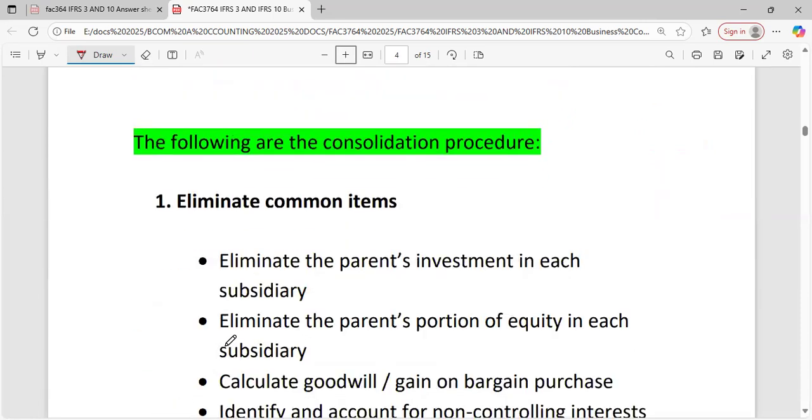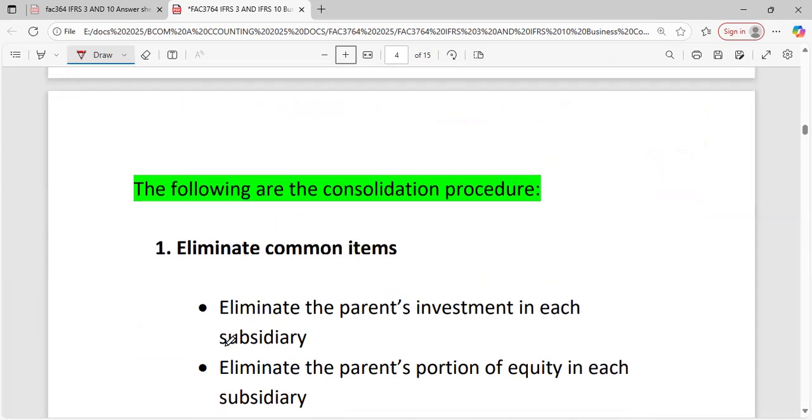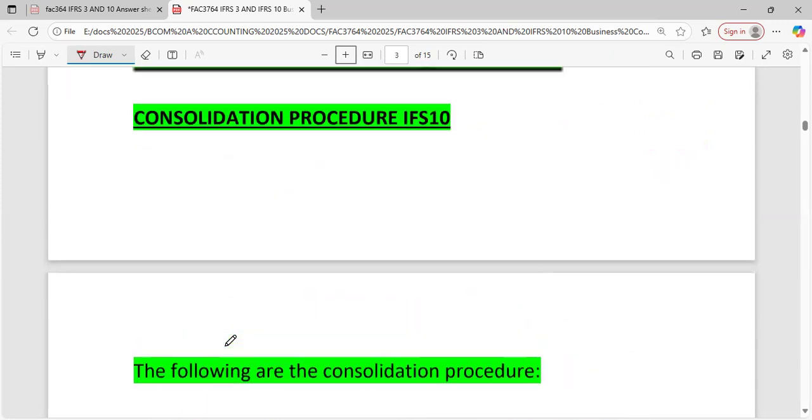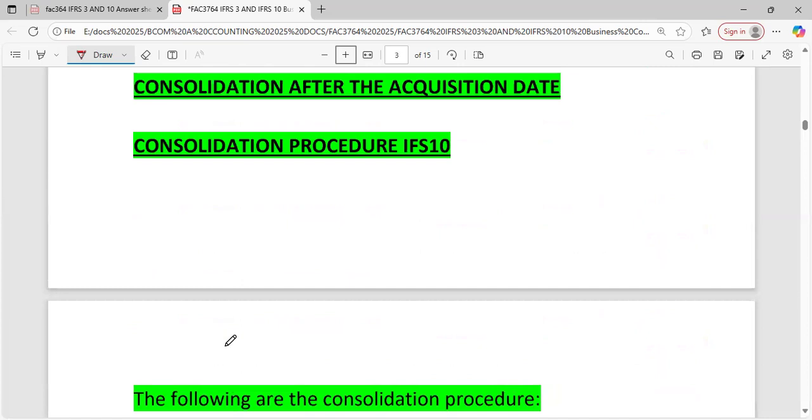When you consolidate after, the only difference between after and at acquisition is this. When you consolidate after the acquisition date, it means the business has been trading.